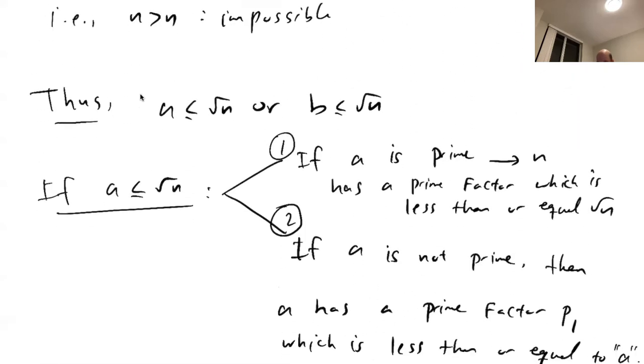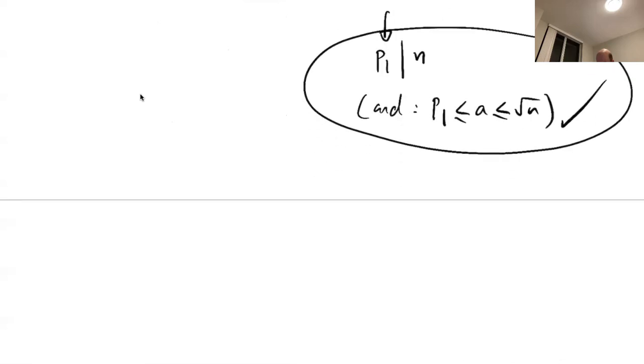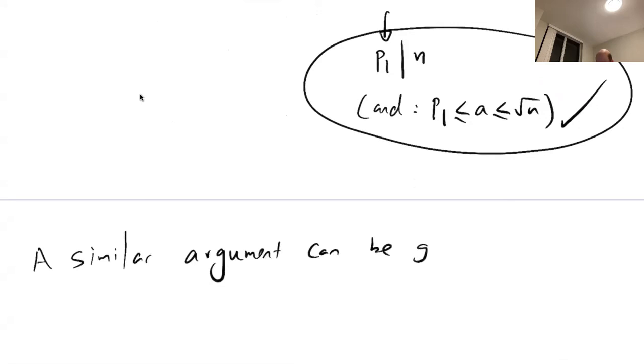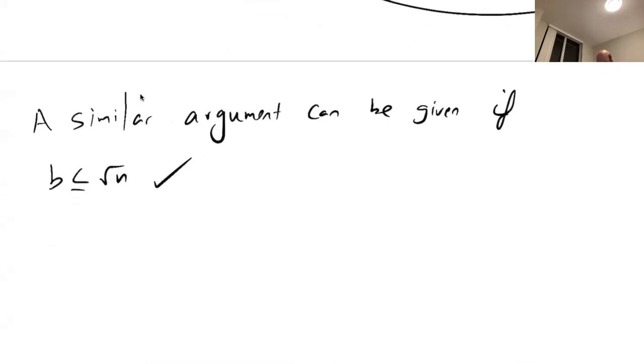So this is for the case that A is less than or equal to root N, but a similar argument can be given if B is less than or equal to root N. So what did we show?